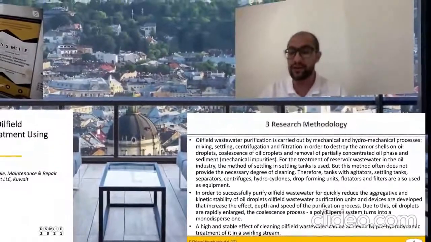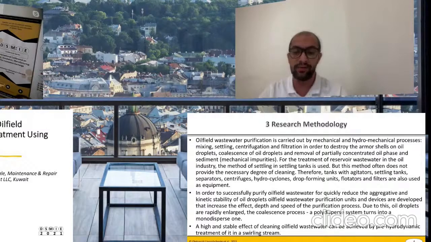For the treatment of reservoir wastewater in the oil industry, the method of settling and the settling tank is used. But this method often does not provide the necessary degree of cleaning. Therefore, tanks with agitators, settling tanks, separators, centrifuges, hydrocyclones, drop forming units, flotators, and filters are also used as equipment.